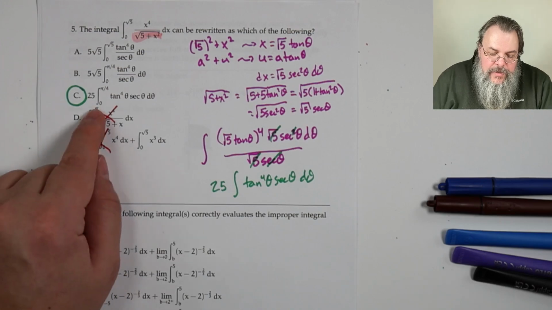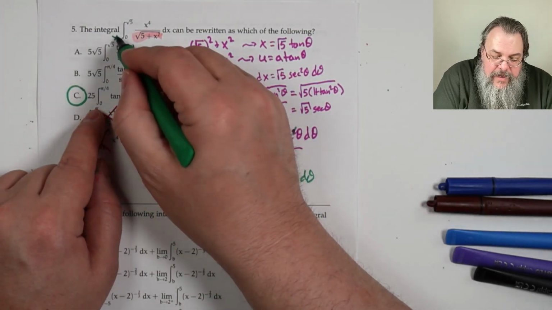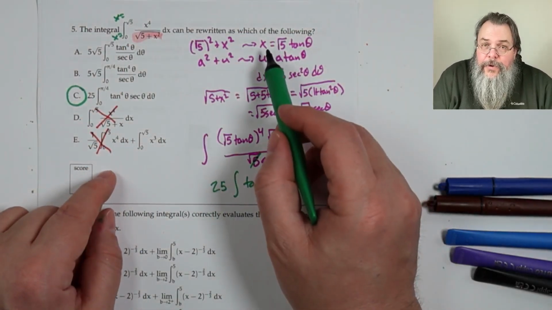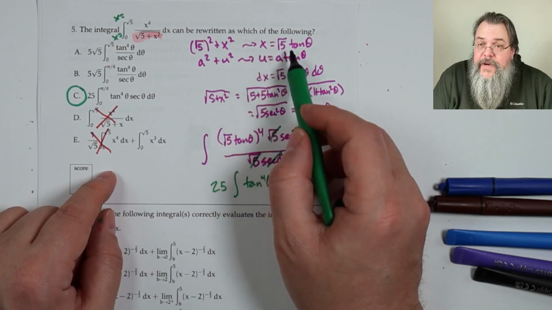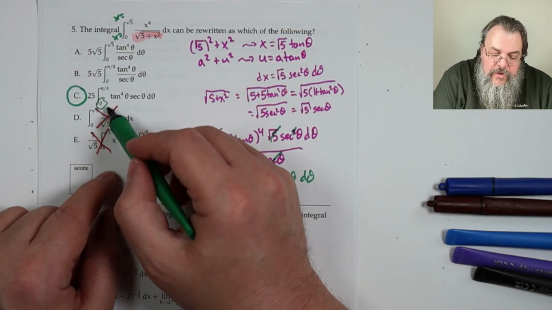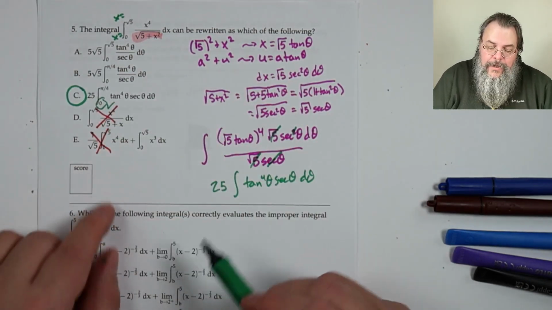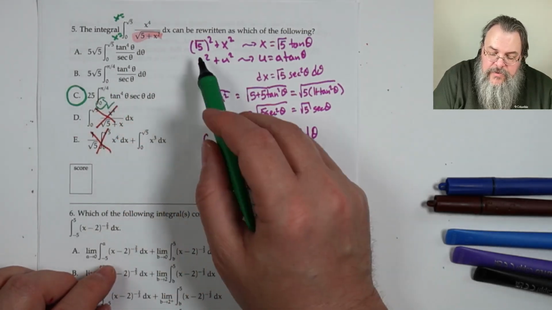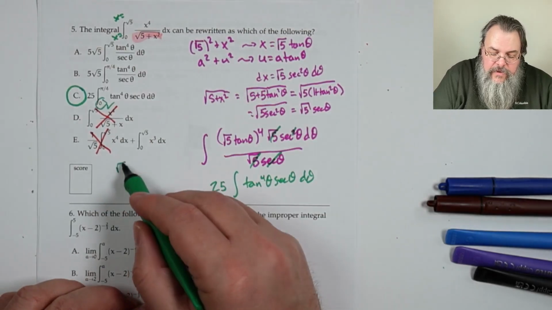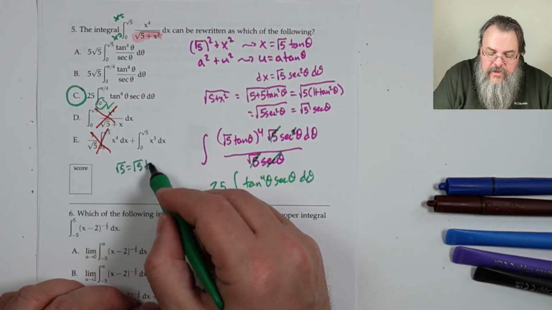If we were to update the bounds, we say, well, we have x bounds originally, and plug in 0. When does 0 equal square root of 5 tangent theta? And the answer is at 0. Okay, that checks out. Now, the other one is a little bit more interesting, square root of 5. So we plug in square root of 5. Square root of 5 equals square root of 5 tangent theta.